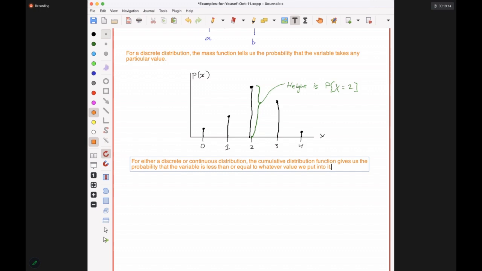And here for a discrete distribution, I'll do discrete because that's what we talked about most recently.